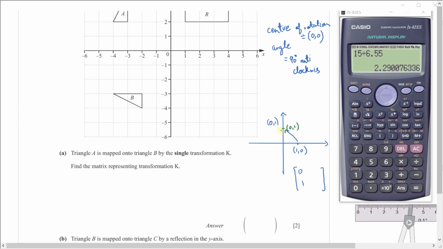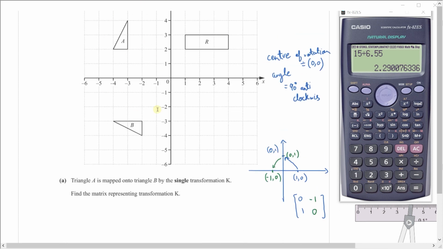Once it's rotated 90 degrees around the origin in anti-clockwise direction, it will land here, which is -1 and 0. So this will be your matrix that represents this transformation, which maps triangle A onto triangle B, which is actually a rotation about 0, 0, an angle of 90 degrees anti-clockwise.